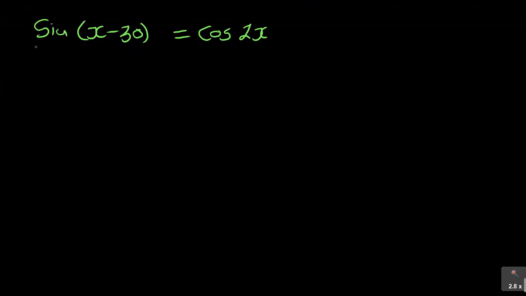So I'm going to convert sine now as a cofunction. Remember, it's 90 minus. When I'm converting, I don't have to write sine now, I write cos, because it's a cofunction. So it will be cos, then I've got 90 minus that angle, which is in bracket x minus 30.